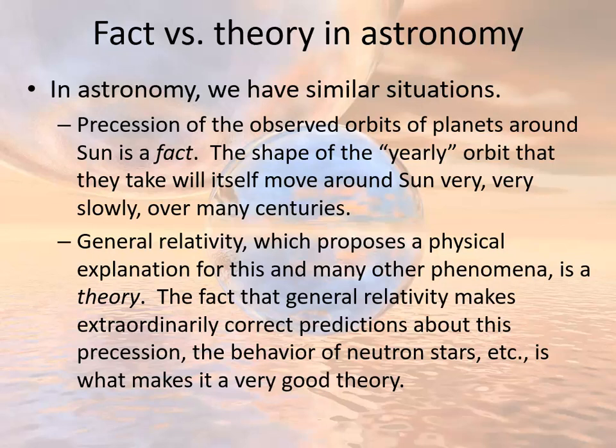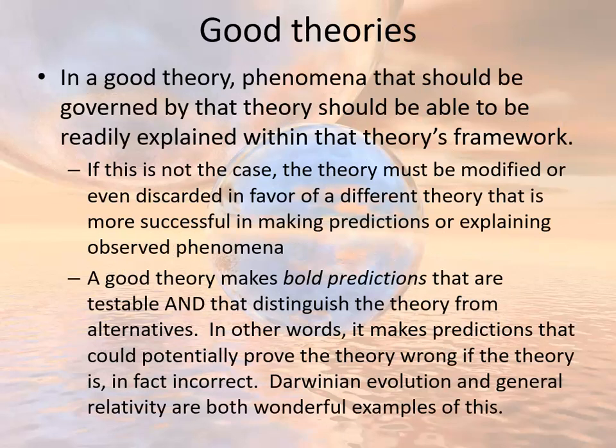Interestingly enough, that precession kind of came out as a by-the-way type of thing. Einstein was surprised to find that it predicted this, and the prediction ended up matching an observation that he didn't even know about. Good theories make bold predictions that are testable and distinguish them from alternatives. In other words, it makes predictions that could potentially prove the theory wrong if the theory turned out to be incorrect.